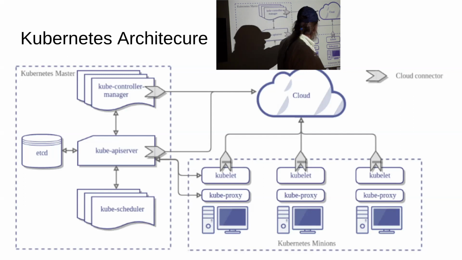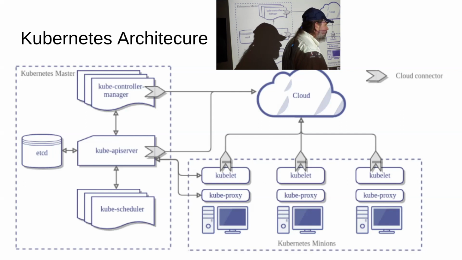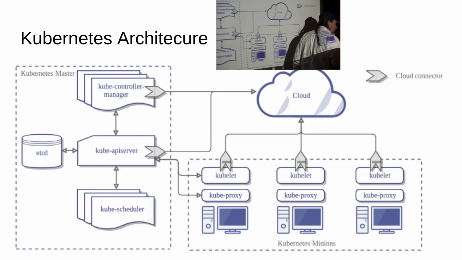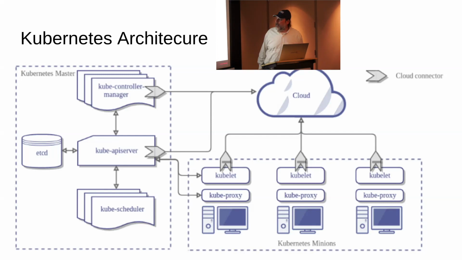The kubelets. Kubelet is a process that runs on the worker nodes. It runs on all the nodes, and it's kind of the acting agent for anything that Kubernetes wants to get done on a particular node. So if you need to start a container on a node, Kubelet handles that.